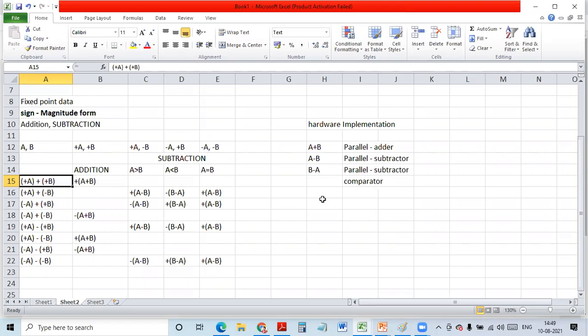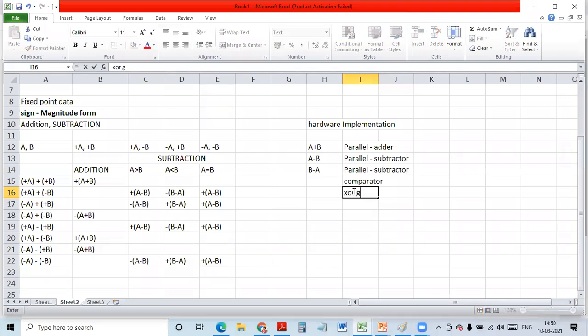Which hardware will give me the correct result, whether both signs are the same or both signs are different? Which hardware helps me to do so? Multiplexer? XOR gate.